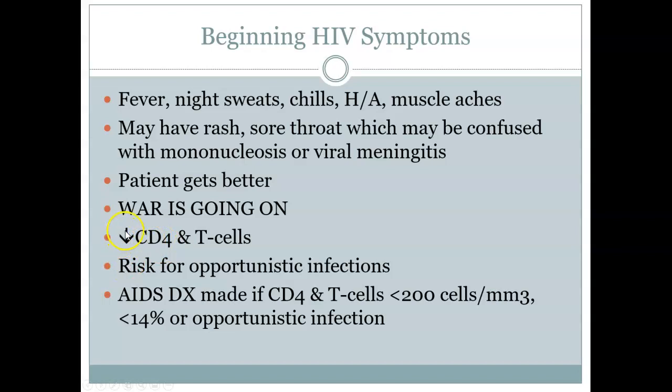This is when our immune system has been compromised and we have a decrease in these, we start developing a higher risk for opportunistic infections. So like I said, the AIDS diagnosis is made if the CD4 T cell count drops below 200 or less than 14%, or the patient has an opportunistic infection.